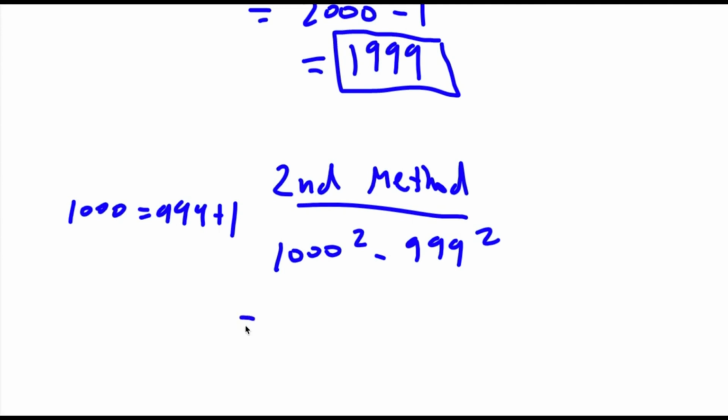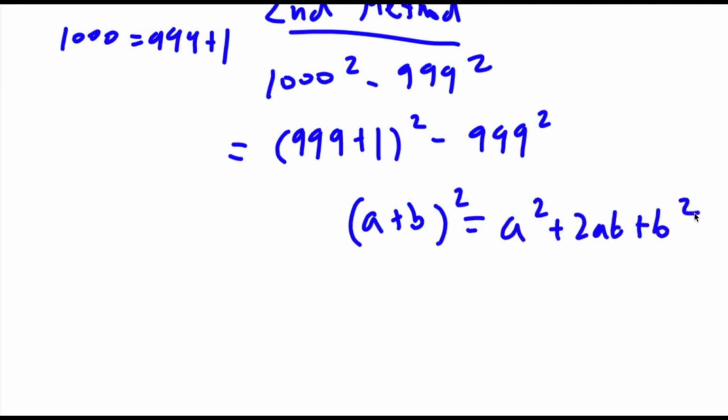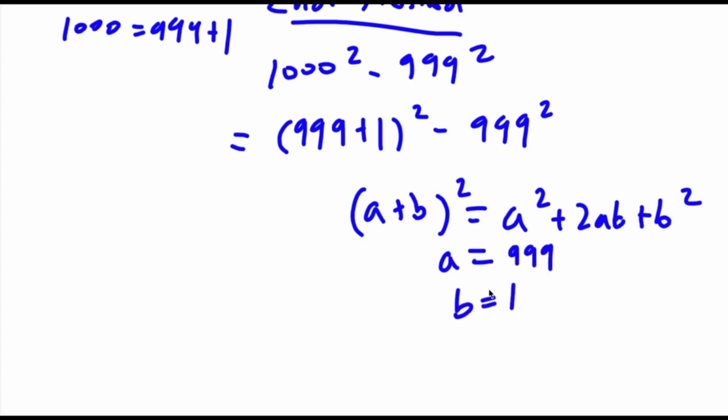So now I have (999 plus 1) squared minus 999 squared. Now, if I have something in the form (a plus b) squared, this is equal to a squared plus 2ab plus b squared. So in this case, a is equal to 999 and b is equal to 1.